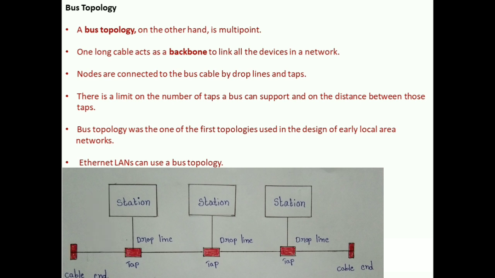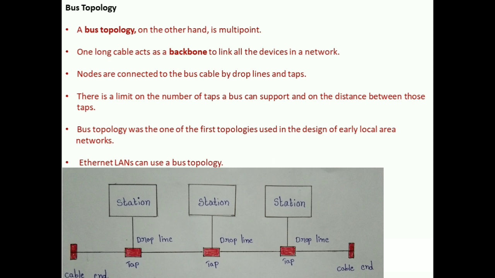Okay, so the nodes or stations are connected to this bus cable by drop lines and taps. So this is what you are going to call drop line, and these are called taps. Okay, so depending upon the cable, there is a limit on the number of taps a bus can support, and there is a limit on the distance between these taps.